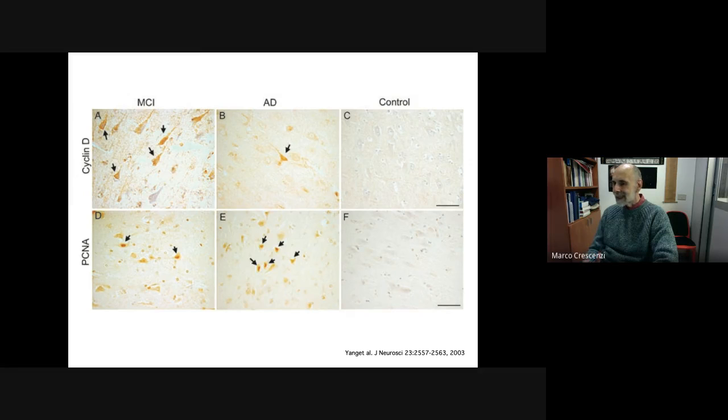If you block the cell cycle, neurons don't die, even in the presence of the noxious stimuli that would kill them otherwise. But this is typical of neurons. Nonetheless, this evidence here, and many others, of course, show that neurons can re-enter the cell cycle, although partially, usually when they are going to die.